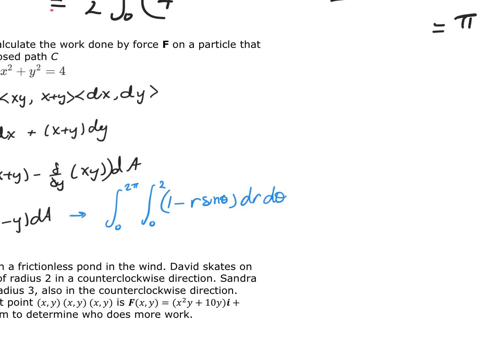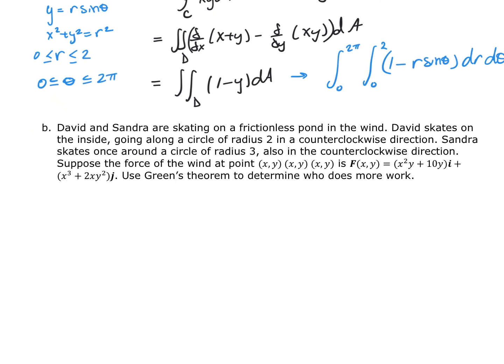So with respect to r first, I'm going to go from 0 to 2 pi of r minus r squared over 2 times sine theta, evaluated from 0 to 2, d theta. And when I get totally done, my final answer is a nice, lovely 4 pi, which is really kind of nice.